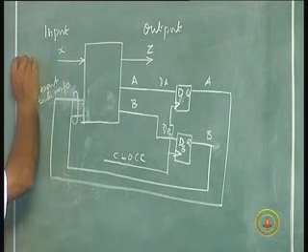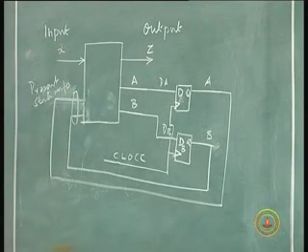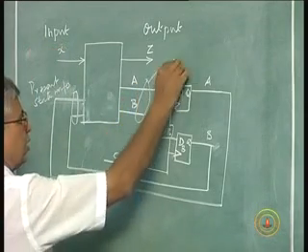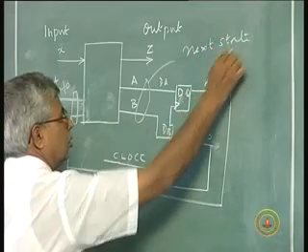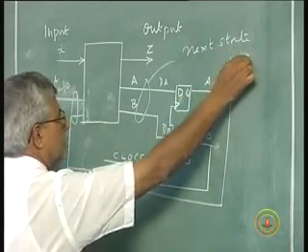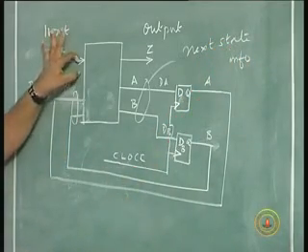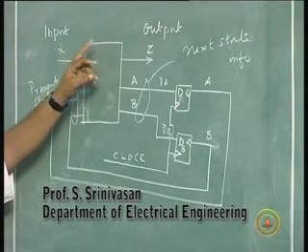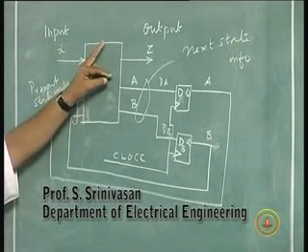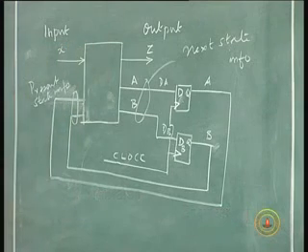This is the input information, already said. This is the next state information, which is determined by the present state information and the input, and also determines the output of the present state.